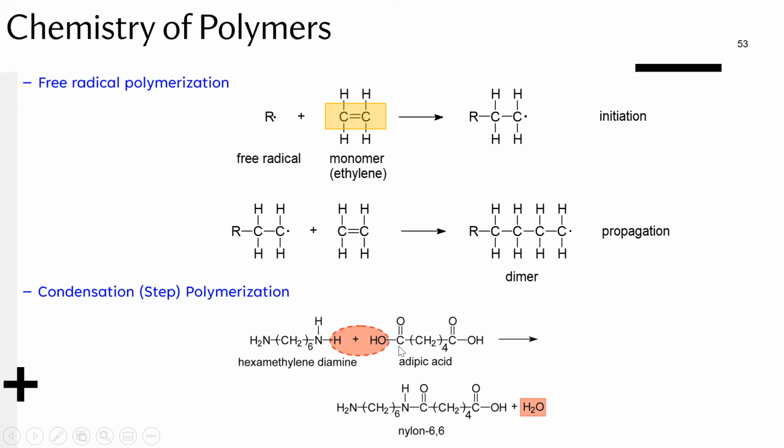And what happens is that when these two molecules, these two sort of copolymer double monomers here, react with each other, the H and OH are dislodged here and form a water molecule, and these two bind together.